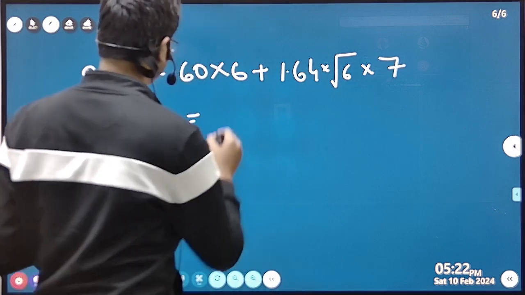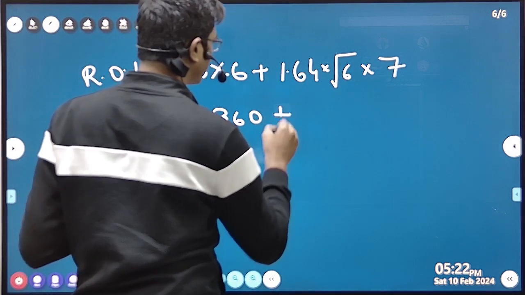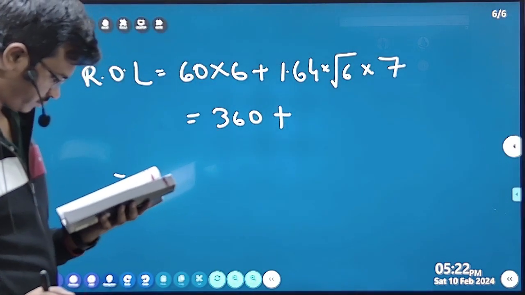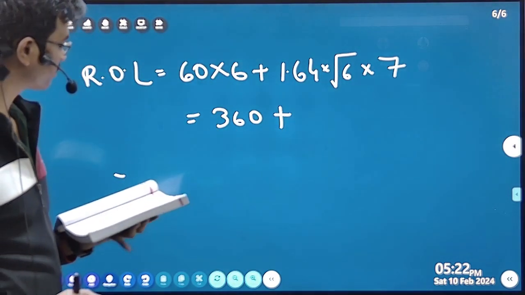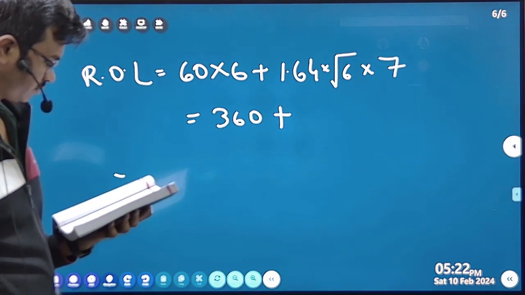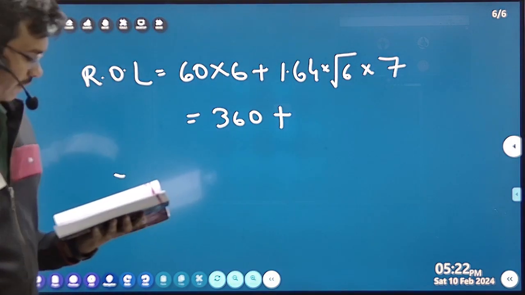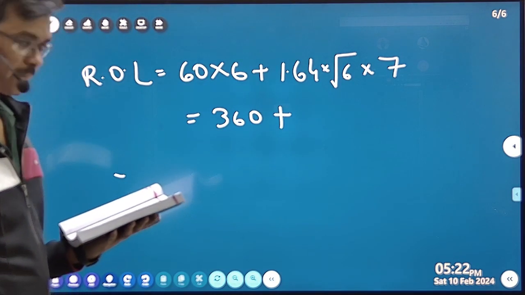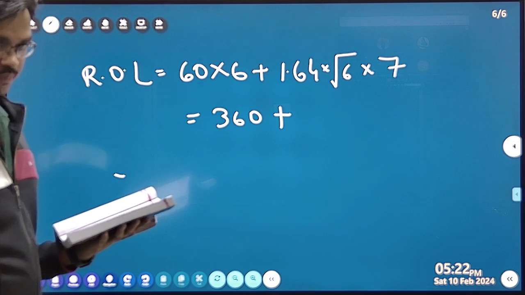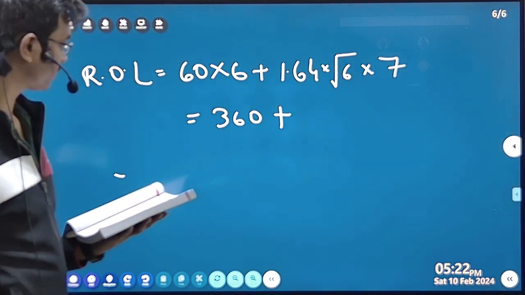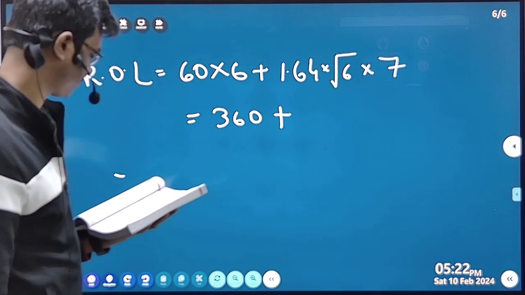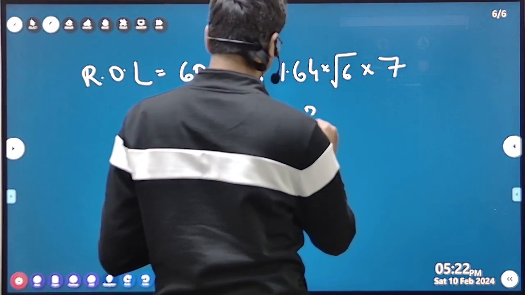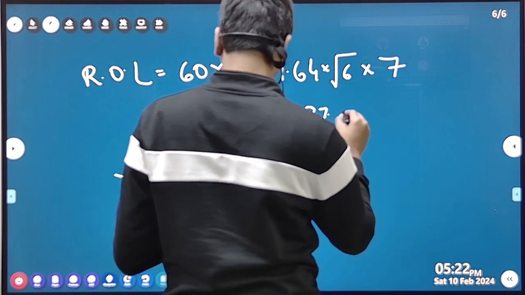How much is this? This is 360 plus 27.5.